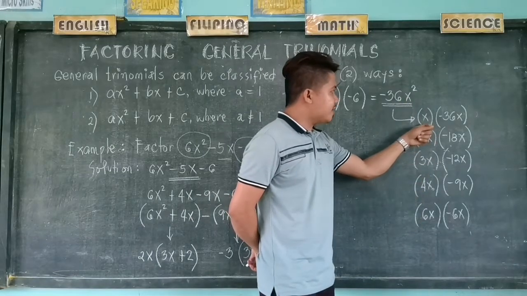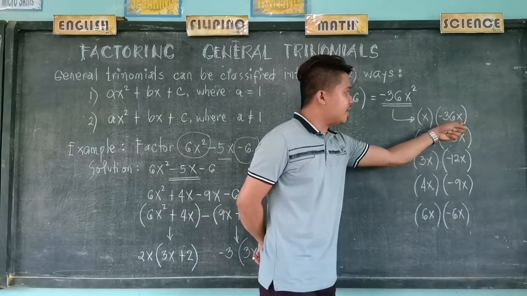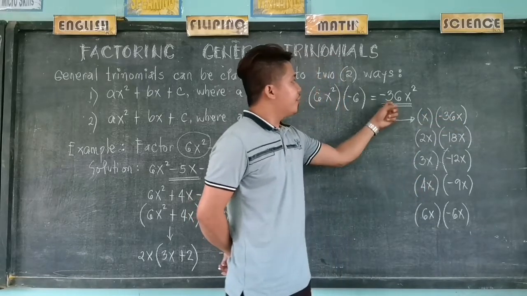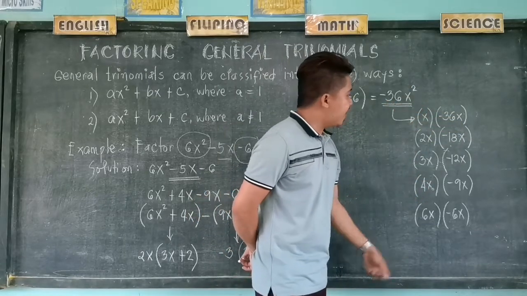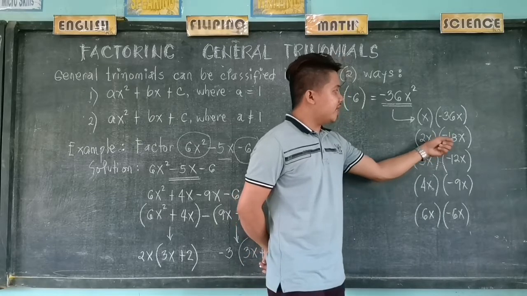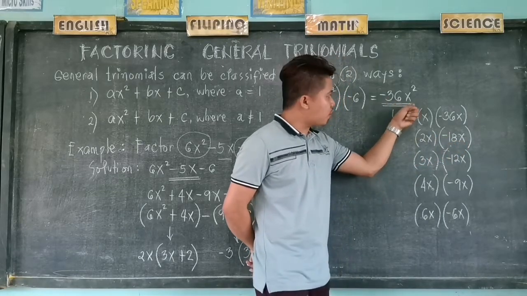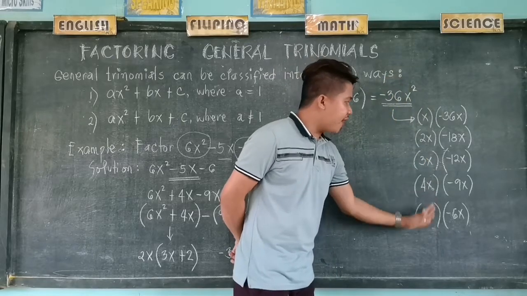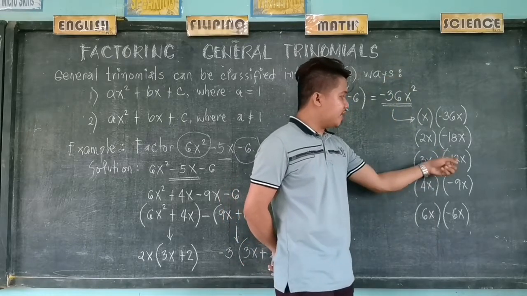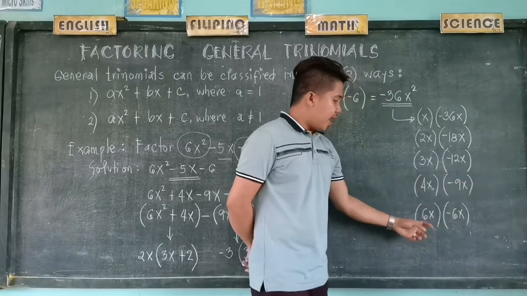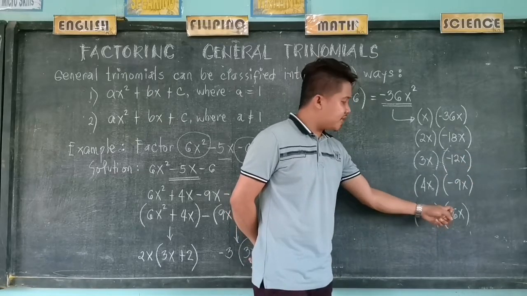So we have x times negative 36x. If we multiply this one, the result is negative 36x squared. And then 2x times negative 18x. That is negative 36x squared. So with the other factors, 3x times negative 12x, 4x times negative 9x, and 6x times negative 6x.